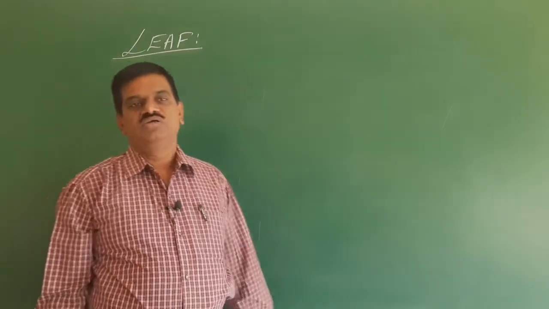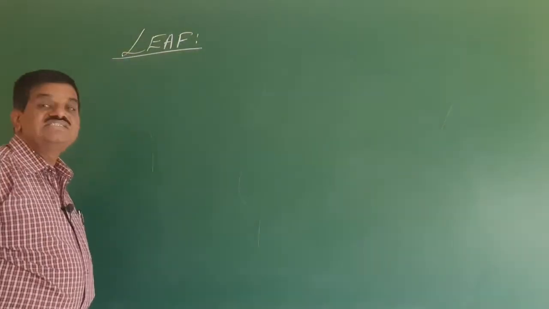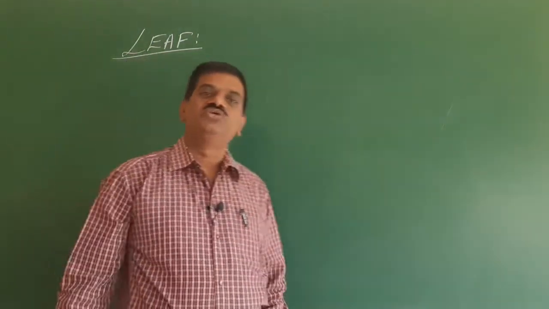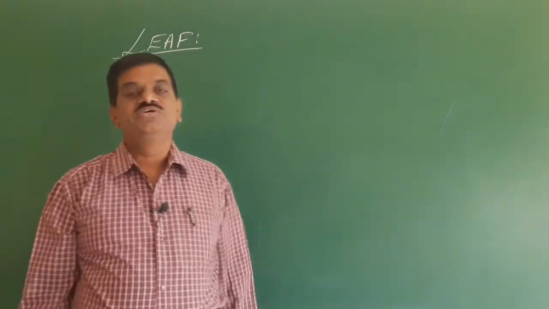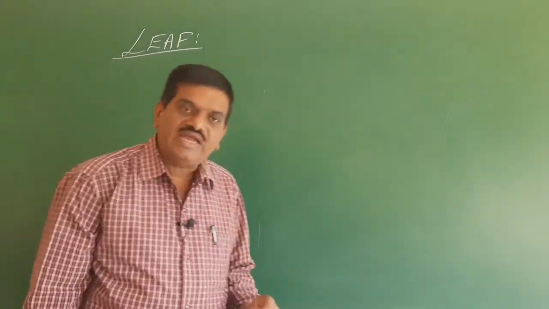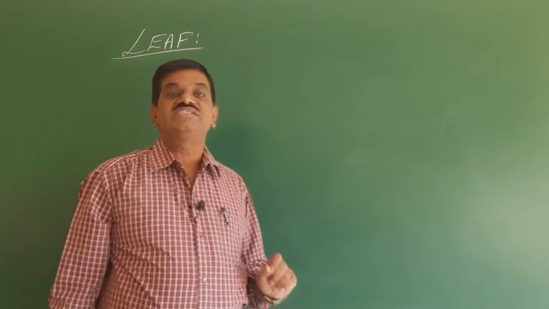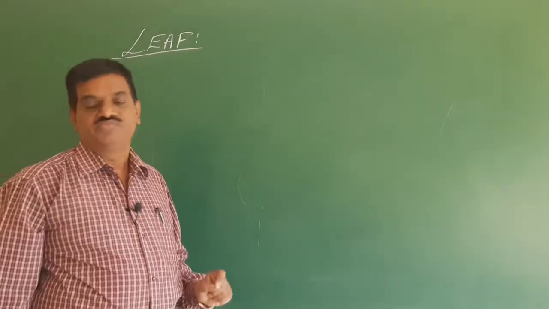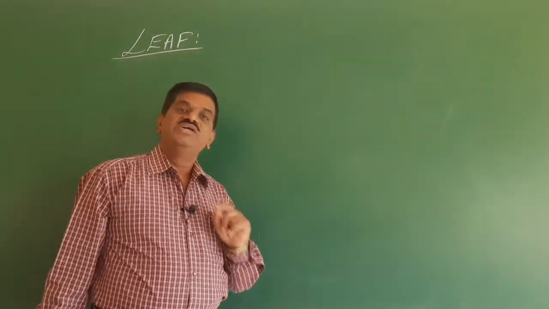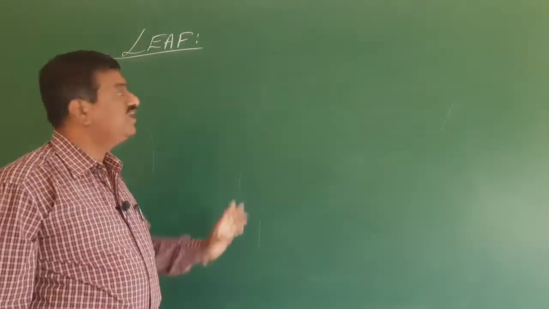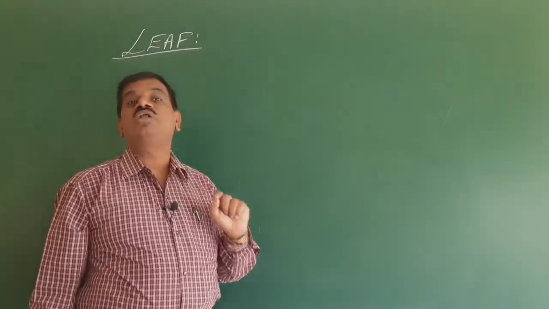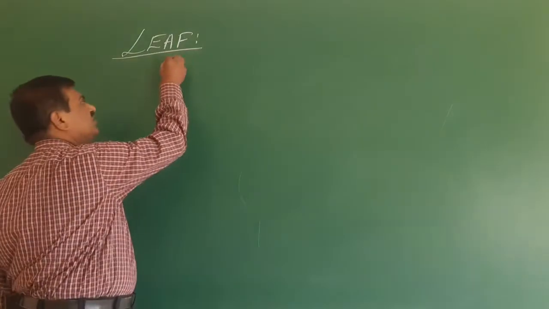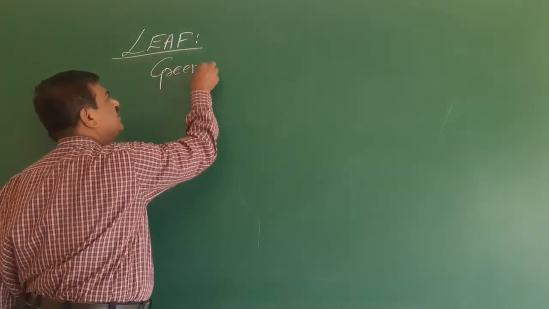So we are going for the next heading called leaf. We have completed root and stem, and we are stepping into leaf. We know that the leaf is called the kitchen of the plant body. In the majority of angiosperms, leaves are green in color.